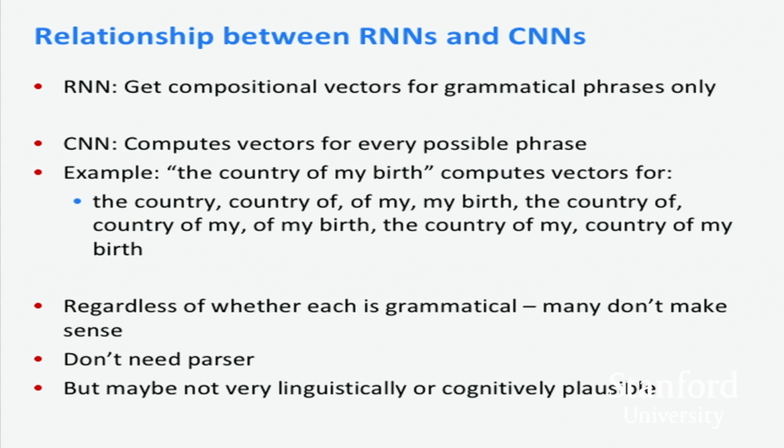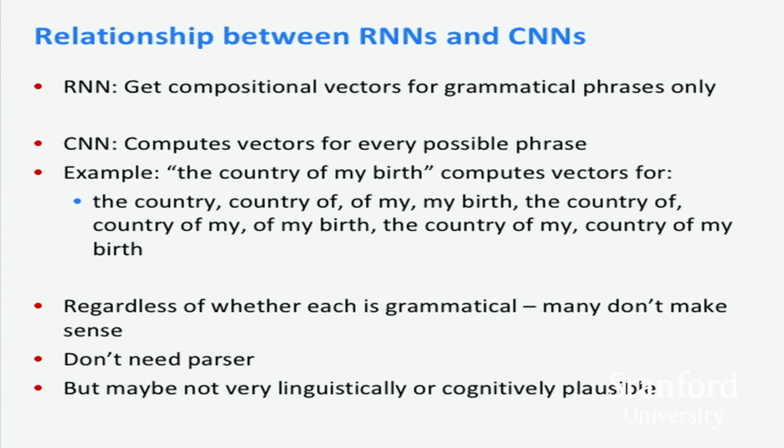Okay, so conversely, we can also think about the relationship between the tree recursive neural networks and convolutional neural networks. The essential difference is that the tree recursive neural networks calculate representations, compositional vectors, only for phrases that make sense, that are grammatical, that a linguist would say is part of the structure of the sentence.